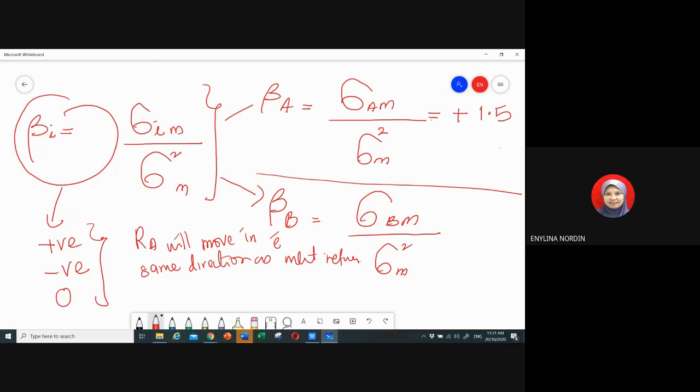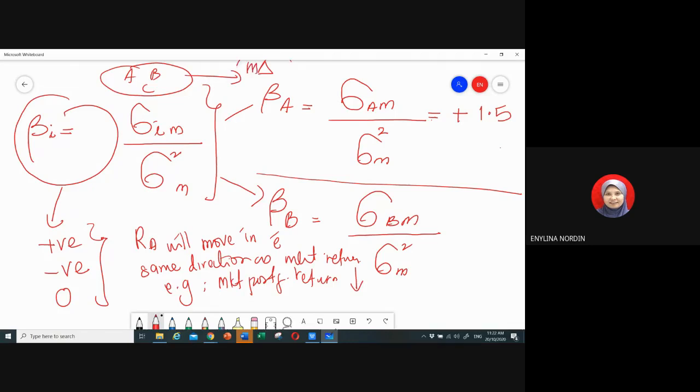So that means, let's say, for example, market portfolio return or market falls. So what happened to returns on stock A? Sebab dalam portfolio you ni ada stock A, stock B kan, stock C. So what happened kalau market di luar sana ni berubah?